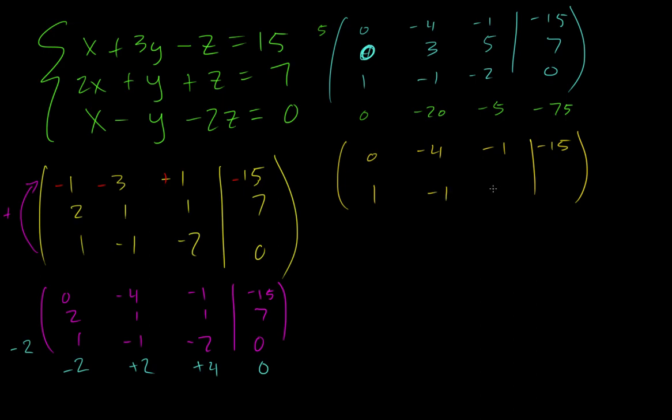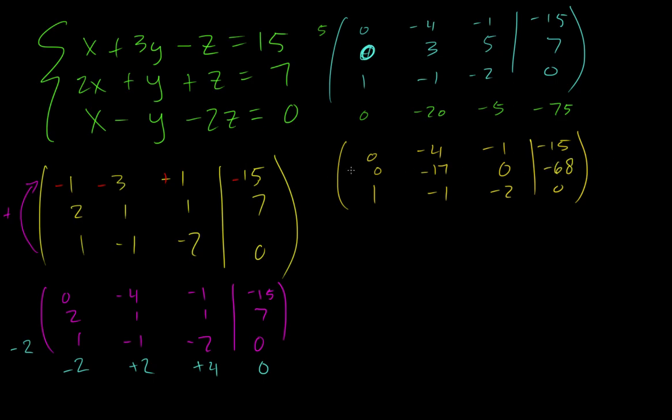We didn't use the bottom row either. Then we're going to add this to the second row, and that's going to create a 0 right here. So if I do 0 and 0, I get 0, negative 20 and that, negative 17, negative 5, positive 5, 0, negative 75, and 7 is going to be negative 68.